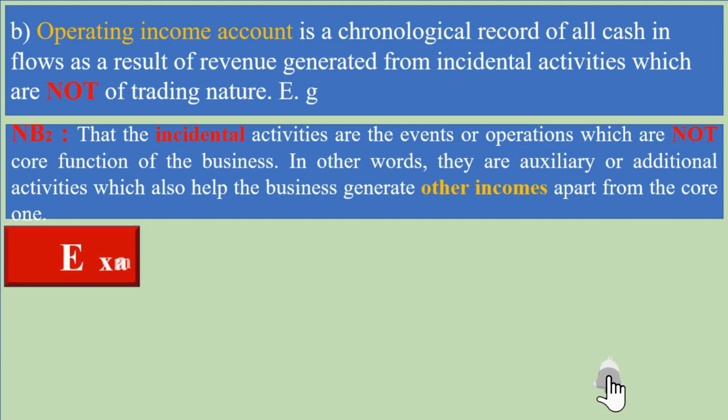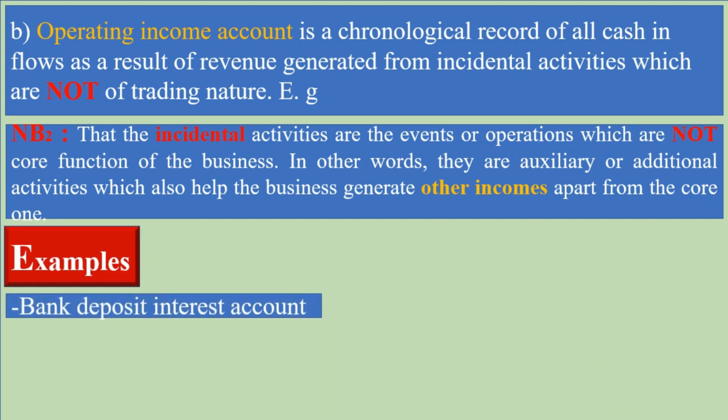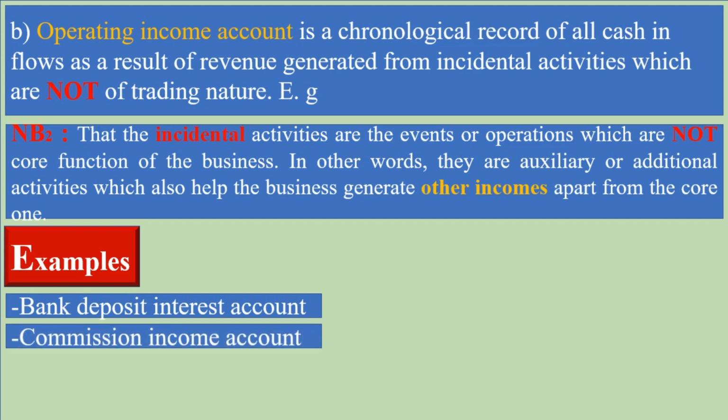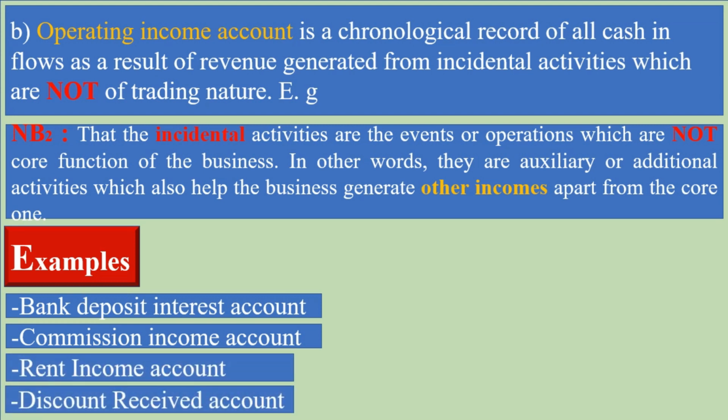So the following are some of the examples of these operating income accounts. For example, you have got bank deposit interest account, commission income account, rent income account, and discount received account.